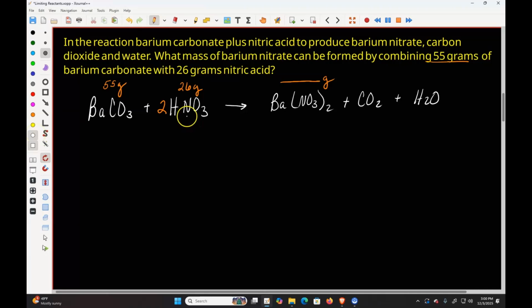So the logic is, let's take nitric acid and solve for barium nitrate, and let's take barium carbonate and solve for barium nitrate. Whichever gives me the lowest value will be the correct one, because one of these reactants is going to run out before the other one. So I'm going to start with the barium carbonate, so it'll be 55 grams.